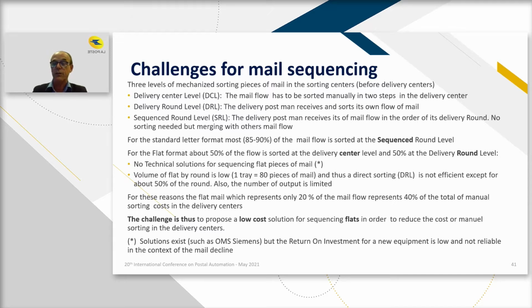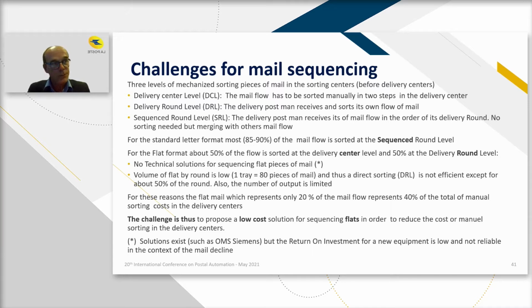In that case, we deliver to the postman the mail in the good sequence for this delivery round. So you have no sorting to do in this case, but nevertheless you have to merge this mail with other unmechanized mail which are at a low level of sorting.